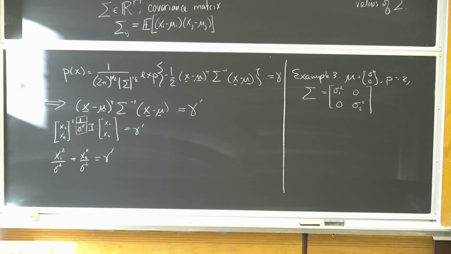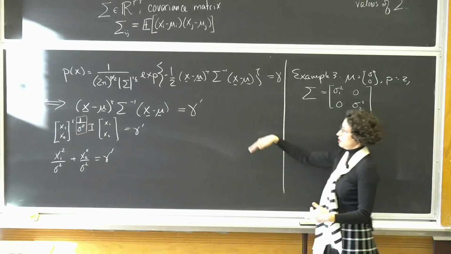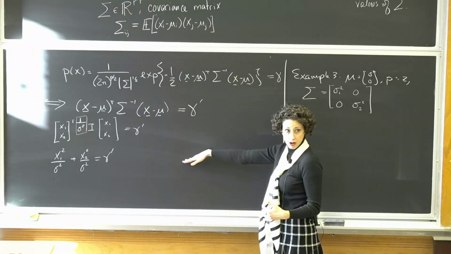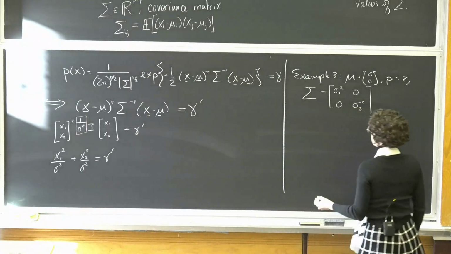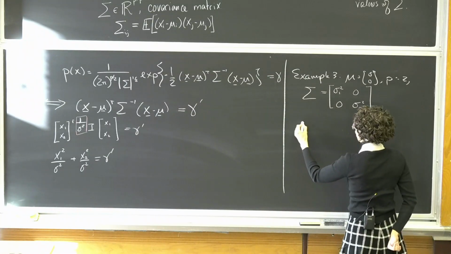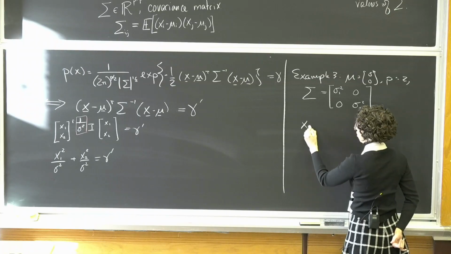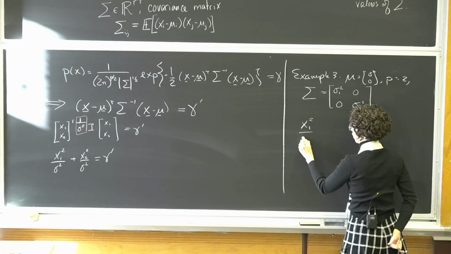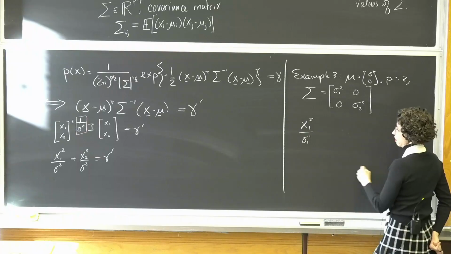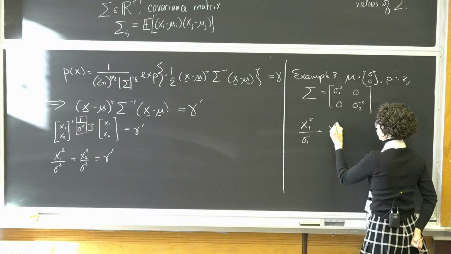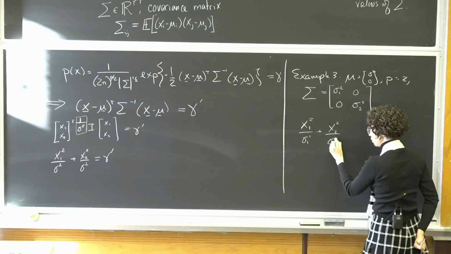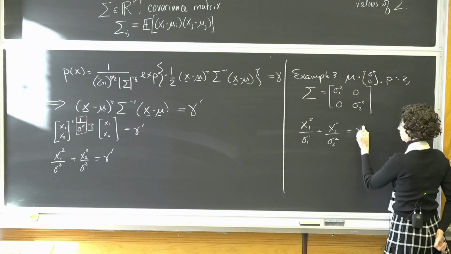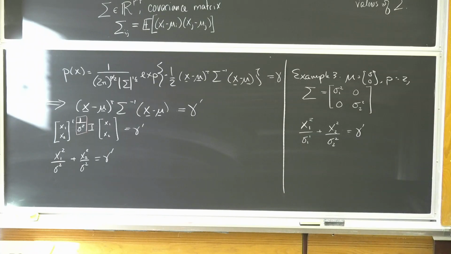So now, if we were to try to draw a contour plot for this distribution, we can follow the same series of steps that we did over here in example 2, but what we would get is that a contour would correspond to all points where x1 squared over sigma 1 squared plus x2 squared over sigma 2 squared is equal to some constant value, gamma prime.